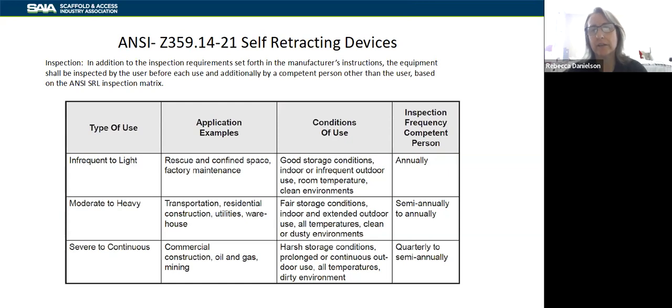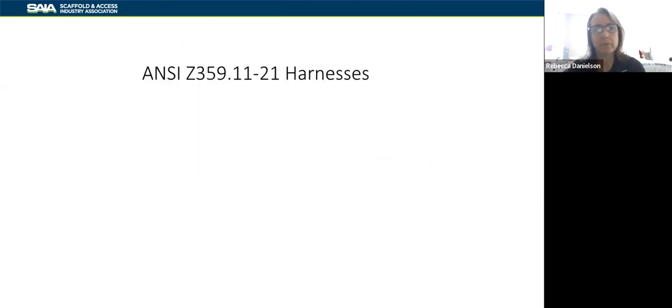SRLs are based on their usage. So this graph is really, really important. And so the documented inspection, if you're using it all the time, needs to be done more than just annually. So any questions on SRLs?